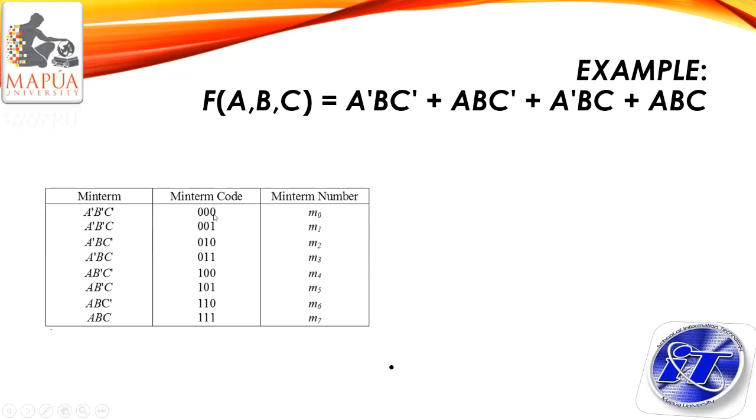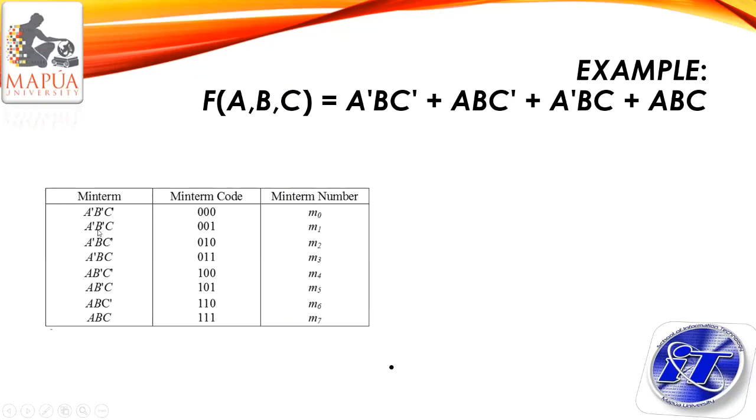We convert these three bits into decimal. The equivalent is 0, so that will be our subscript. So M sub 0 represents A' B' C'.